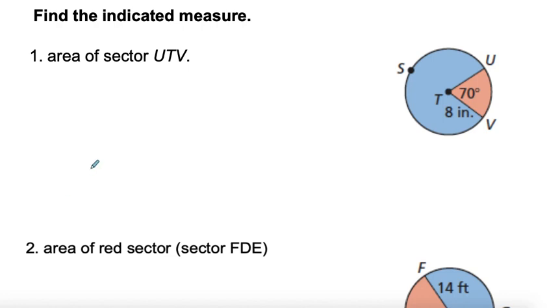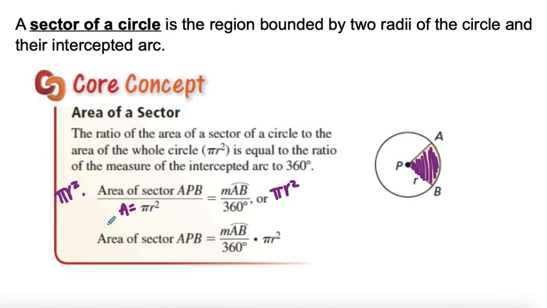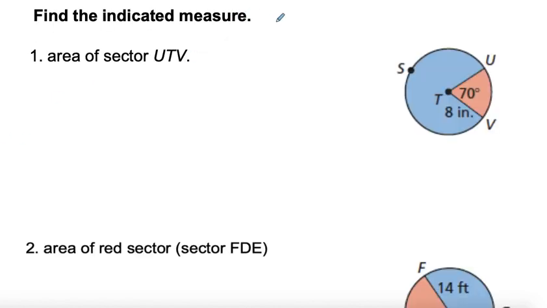Okay, so now we're going to use that to find the indicated measure. So first I want to find the area of the sector UTV. So for this one, I'm going to go ahead and use this bottom one, and that tells me that the area is equal to, in this case, the measure of arc UV over 360 times pi r squared.